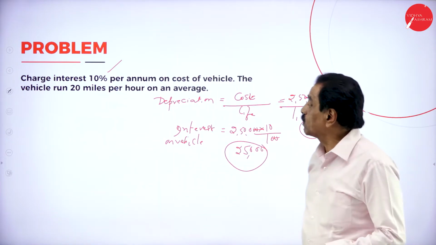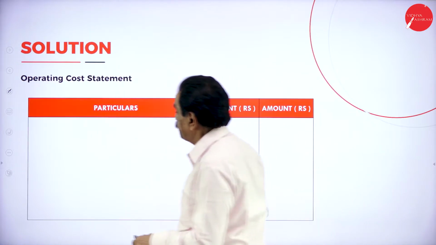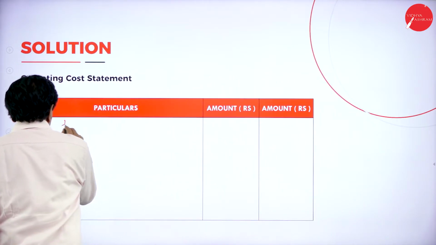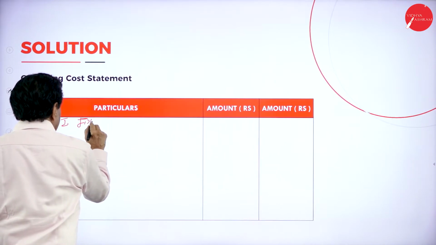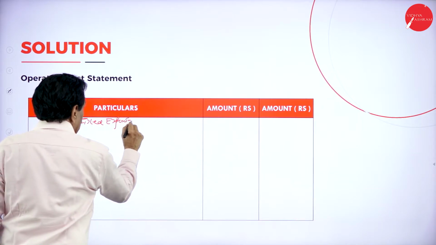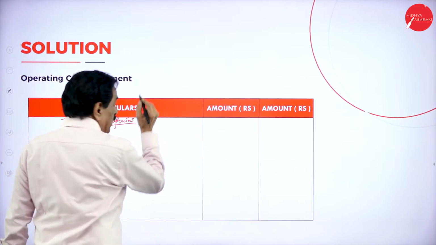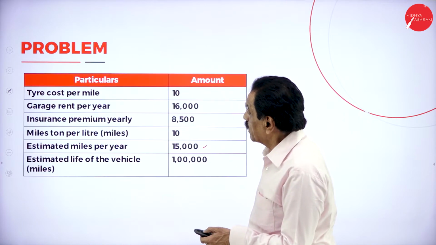So we'll move on to solve the problem now. Slowly. First we write number 1, fixed expenses. We'll go slowly, one by one. Which are the fixed expenses?